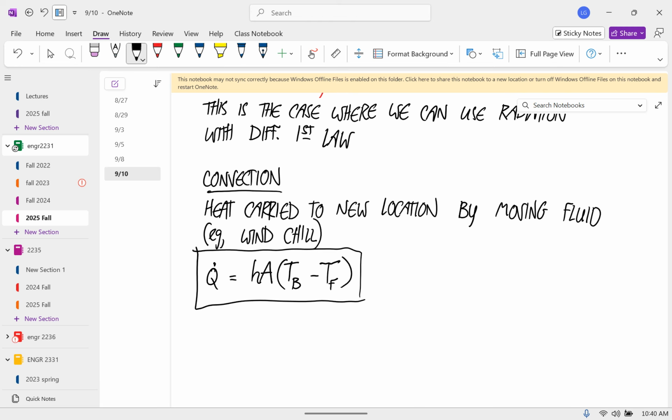So if the temperature of the fluid is hotter, then energy is going into the body. If the temperature of the body is hotter, then energy is leaving the body to the fluid.